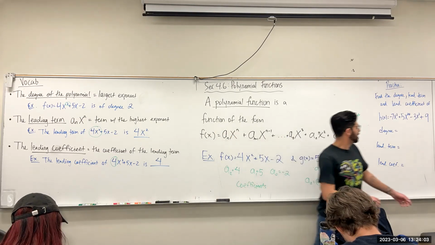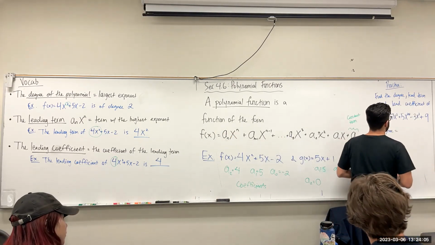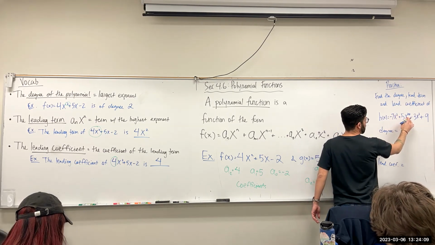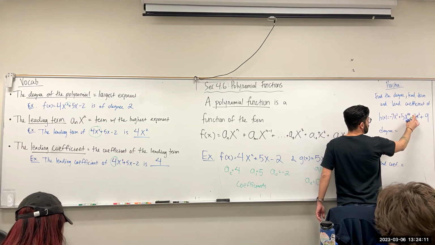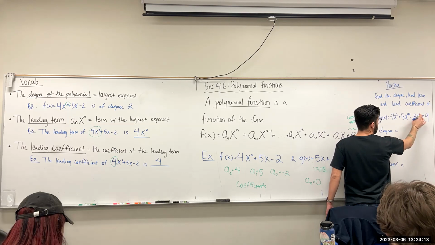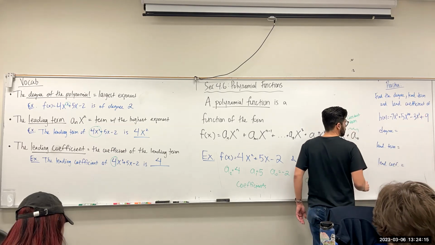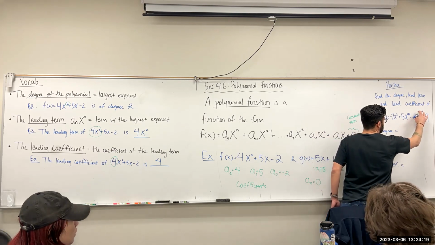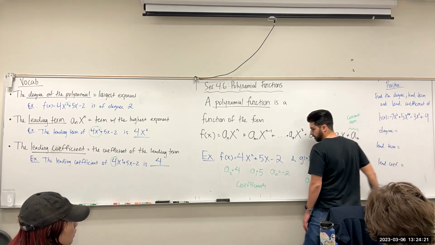So it's negative 7x cubed plus 5x to the 40th minus 3x cubed plus 9.